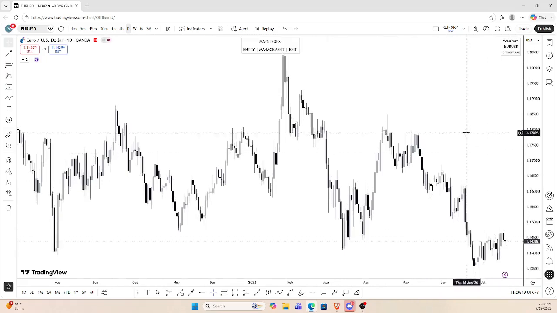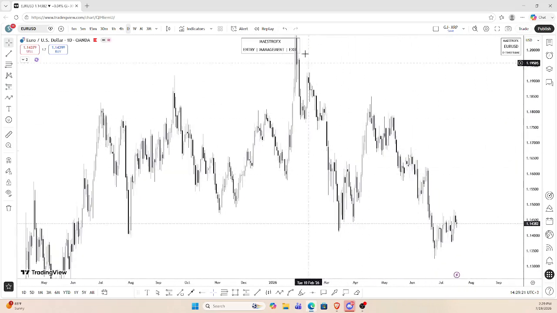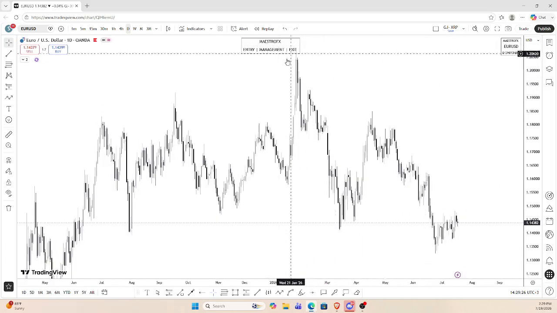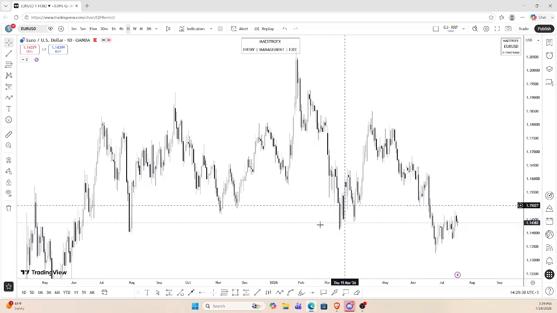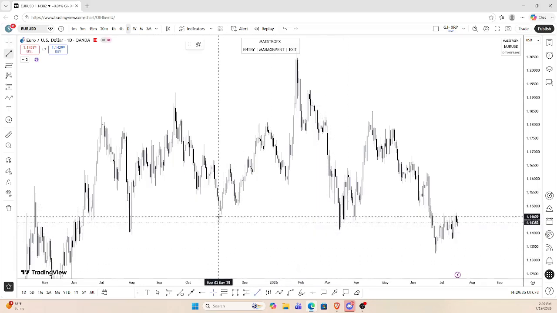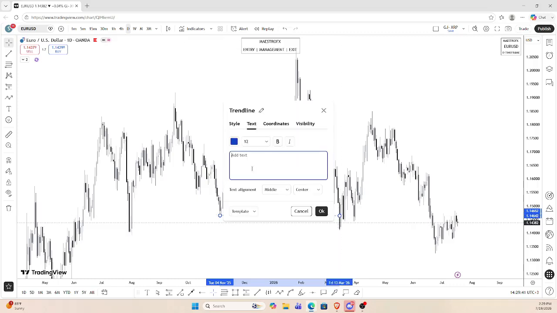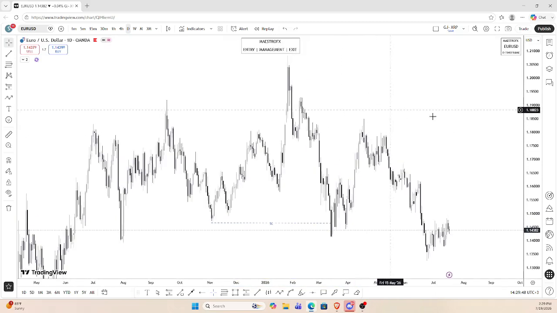And so you can see that this is the highest point, okay? But after we got this high, we saw that price broke structure to the downside, okay? Let's label this. Price broke structure to the downside and printed this lower low. You can label it as trend change or change of character.